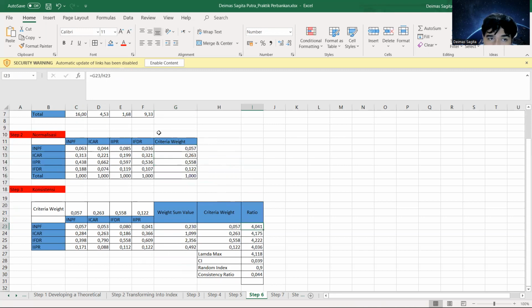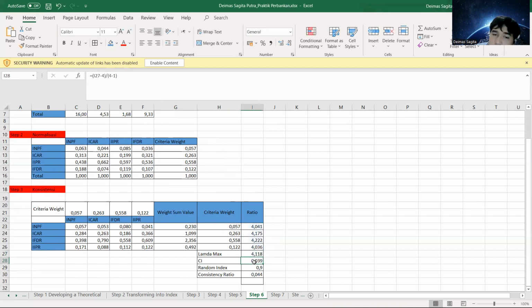The ratio formula is equal weight sum value divided with the criteria weight, and just enter. And then we try to find the lambda max. Lambda max is the average from the ratio of INPF, ICAR, FDR, and IPR.